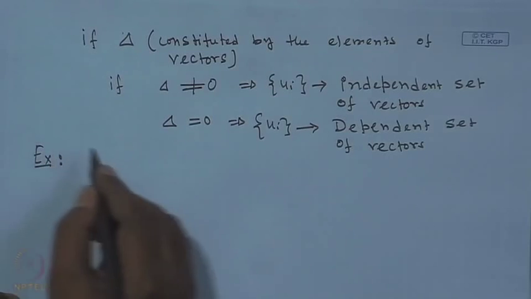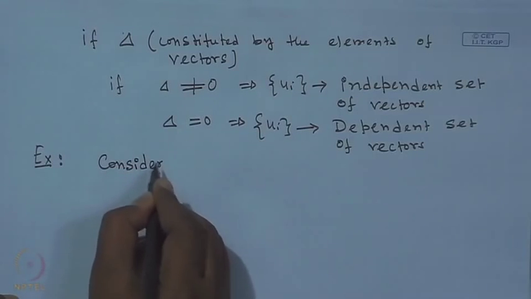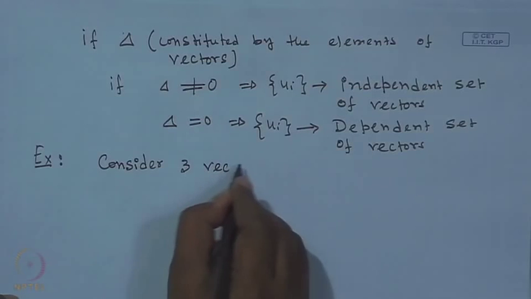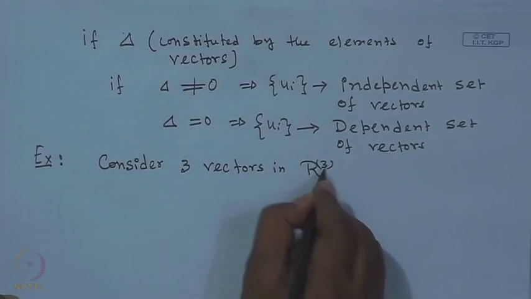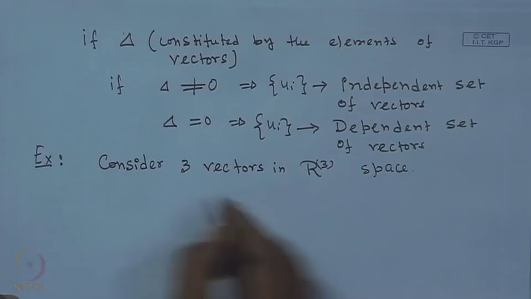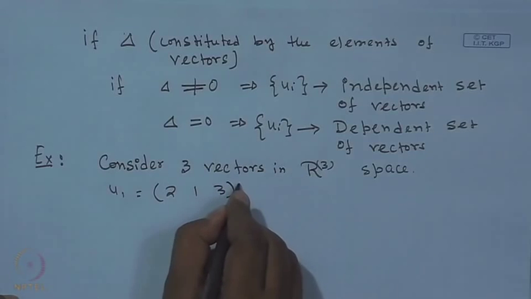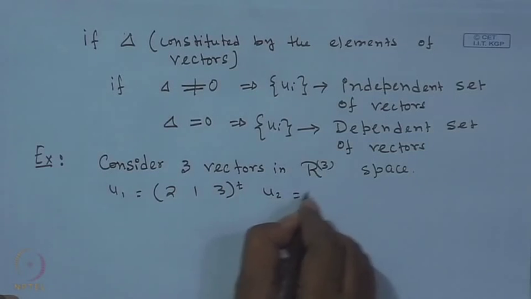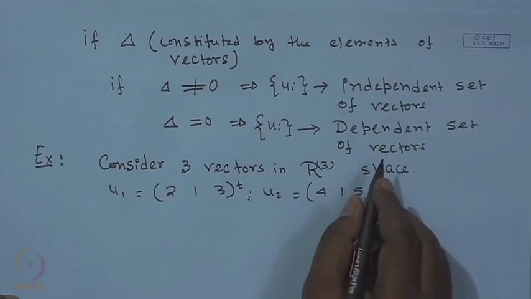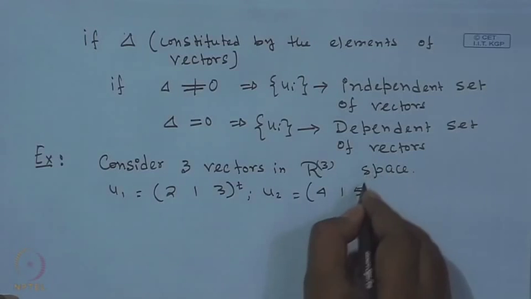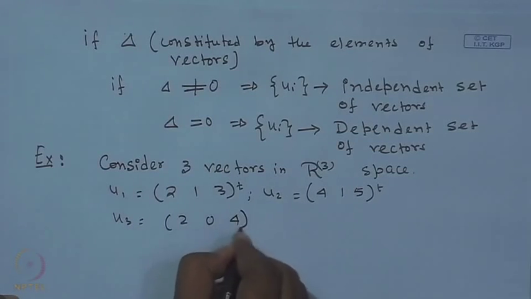is again for the R3 space. These are U1 is 2, 1, 3 transpose, U2 is 4, 1, 5 transpose, and U3 is 2, 0, 4 transpose.